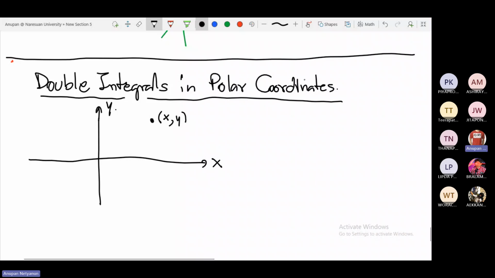This is the way to tell where the point is on the XY plane, which is oh, Google Assistant now.